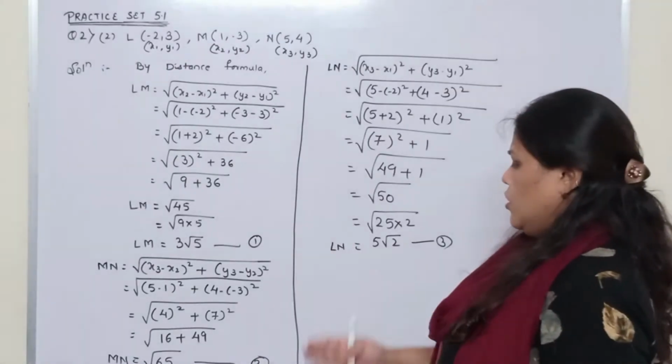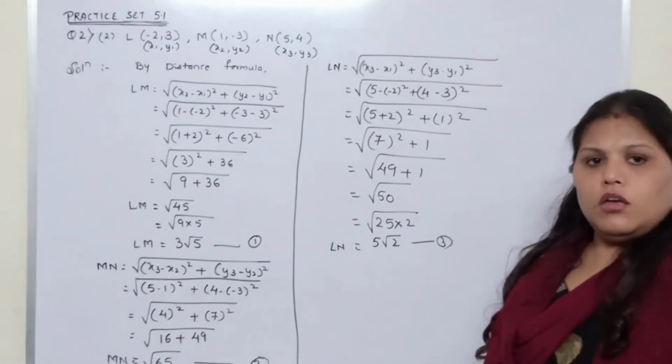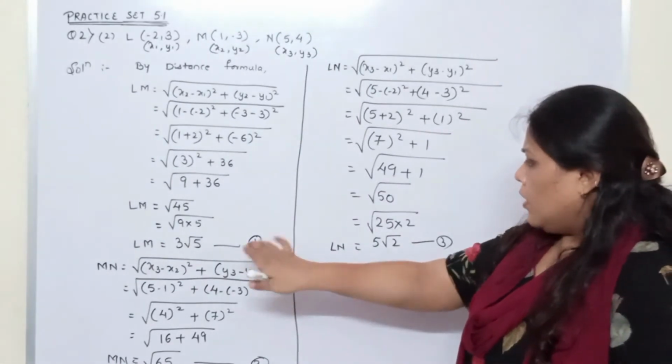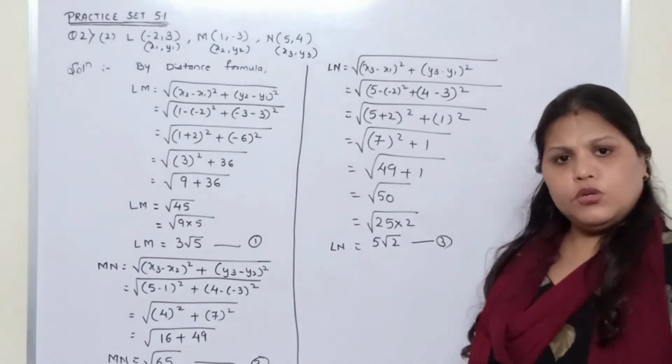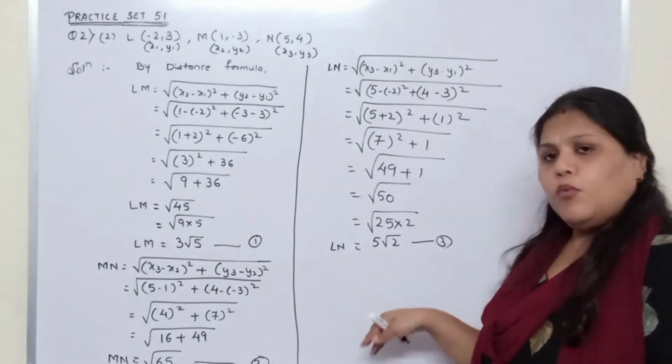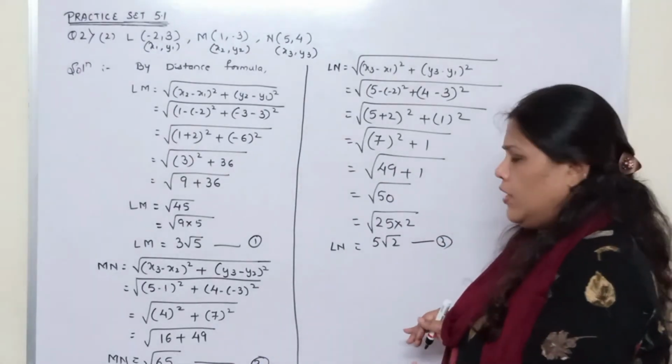If we see equation 1, equation 2 and equation 3, equation 2 is the greatest one, and if we add LM and LN, we are not going to get equation 2. It means what? All the 3 points are non-collinear. Still we have to further specify this.